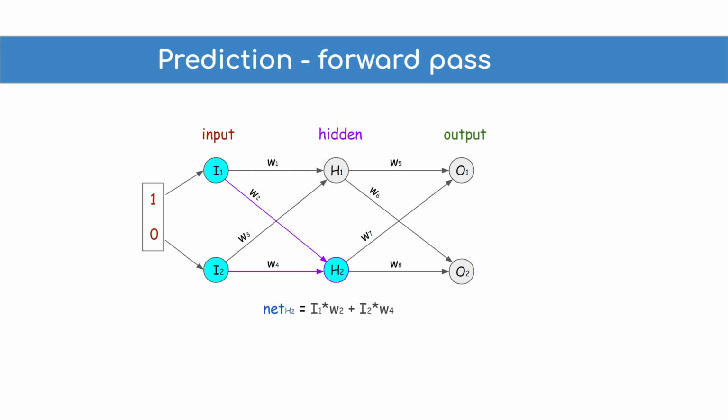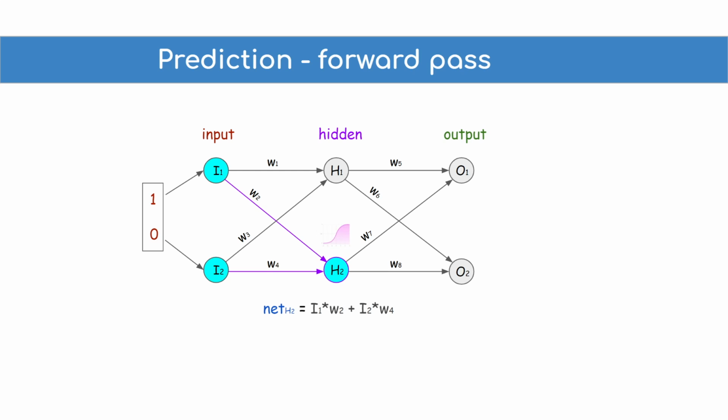It's not sufficient to allow the neural network to learn. We need to activate this net value by introducing some non-linearity to it. In this example, I will use the sigmoid function, but it can also be the ReLU function, the hyperbolic tangent function, or the softmax function.